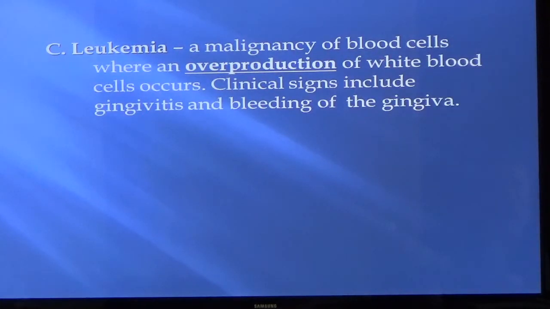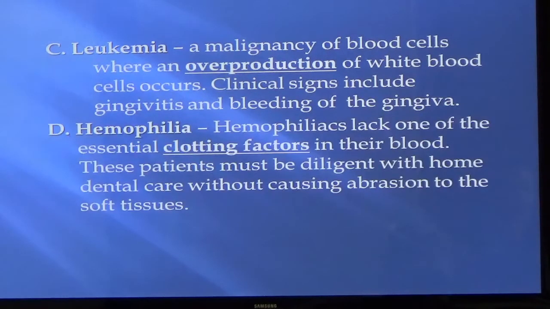Leukemia, again, we saw this in our pediatric lecture. Overproduction of white blood cells. Clinical signs include gingivitis and bleeding of the gingiva. Hemophilia is a lack of one of the essential clotting factors in the blood. These patients must be diligent with home dental care without causing abrasions to the soft tissue. Obviously, you want to avoid bleeding.